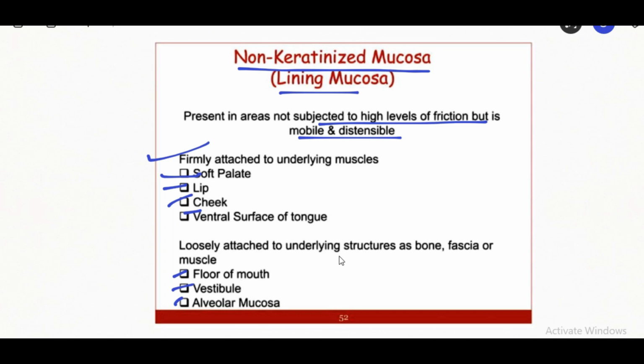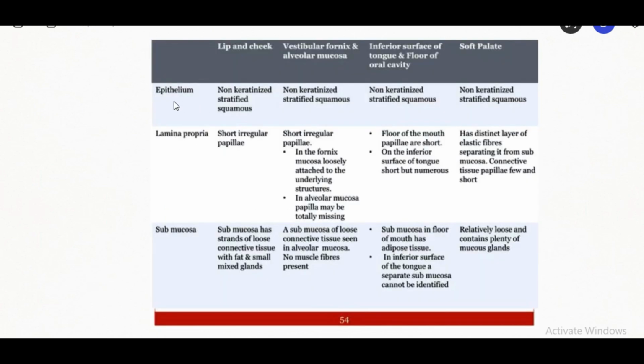In non-keratinized mucosa, the lamina propria is thicker with fewer collagen fibers. So this is an example of the epithelium of the lip and cheek, alveolar mucosa, soft palate, and floor of mouth. The layers are the epithelium, lamina propria, and the submucosa.